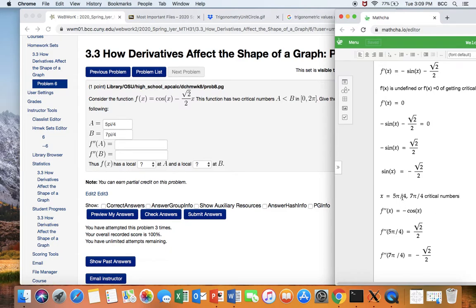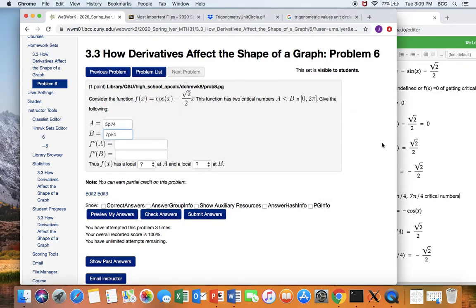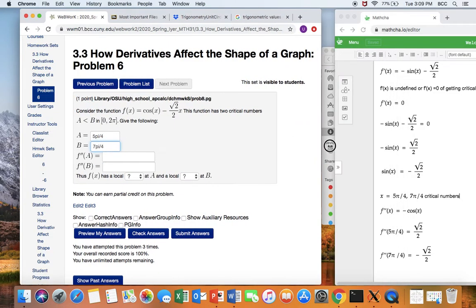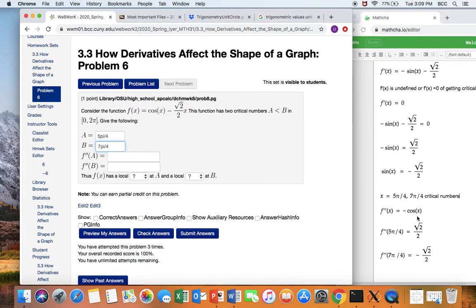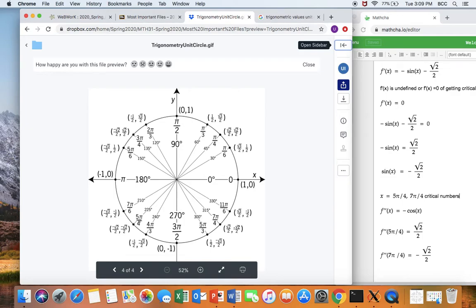Now plug in 5 pi by 4 for cosine x, and don't forget there is a negative outside. Go back to your unit circle. At 5 pi by 4, cosine is negative root 2 over 2. But I have a negative in my expression, so overall that becomes positive root 2 over 2.